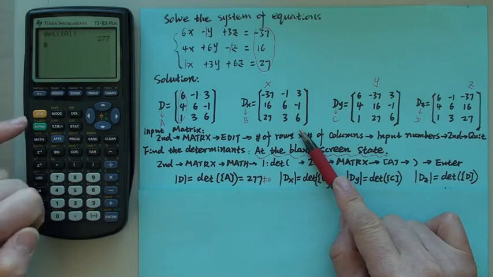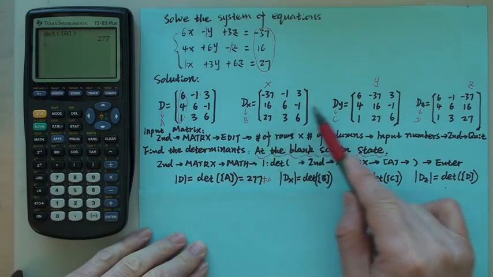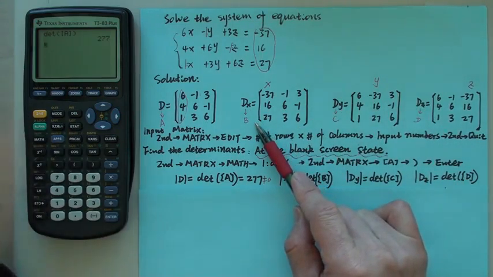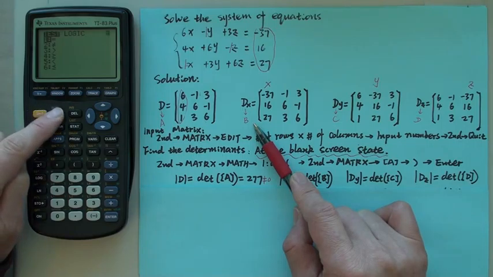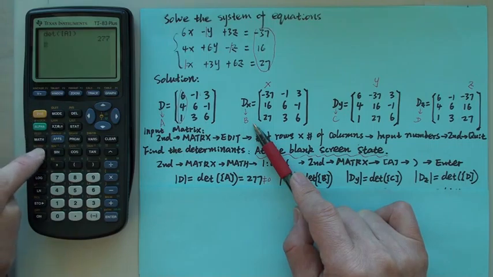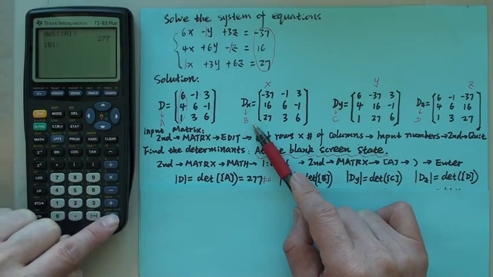Again, in the calculator, I have already input those three matrices. To see if they are there, you do second, matrix. Let's get out with quit. So you do second, matrix, and then for B you may hit 2. You hit enter.